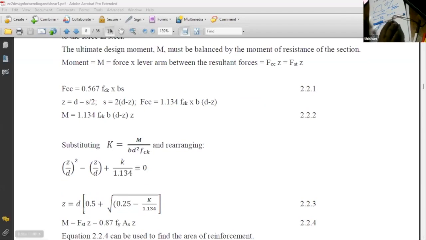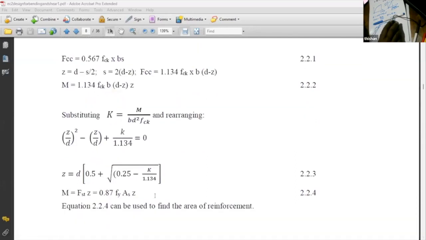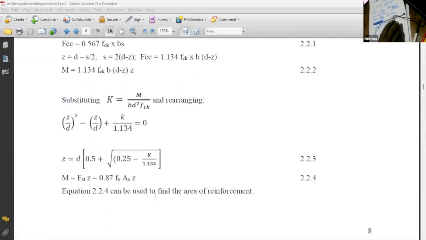So K is known. The moment you know the K value, Z is known as a function of d, with maximum and minimum values 0.82d and 0.95d. Whatever Z you use should be in between those values. But if Z is more than 0.95d, we still consider it as equal to 0.95d.